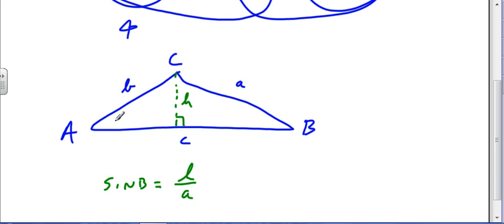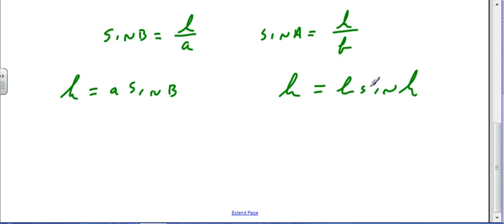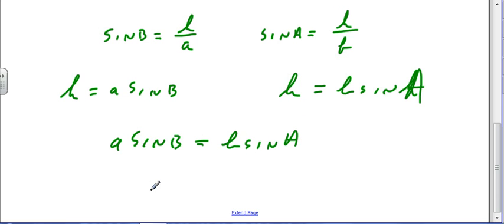What can I say about the sine of A? I can say the sine of A is H over B. Then H is equal to A sine B, and H is equal to B sine A, and because it's the same H in both cases, A sine B has to equal B sine A. Then I could write that as A over sine A is equal to B over sine B, and I'd be perfectly okay.